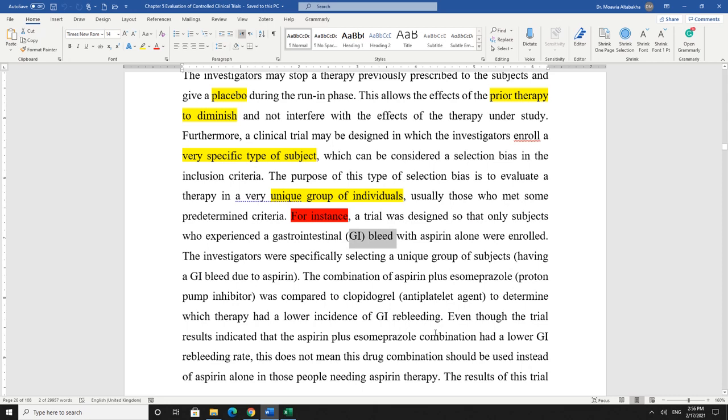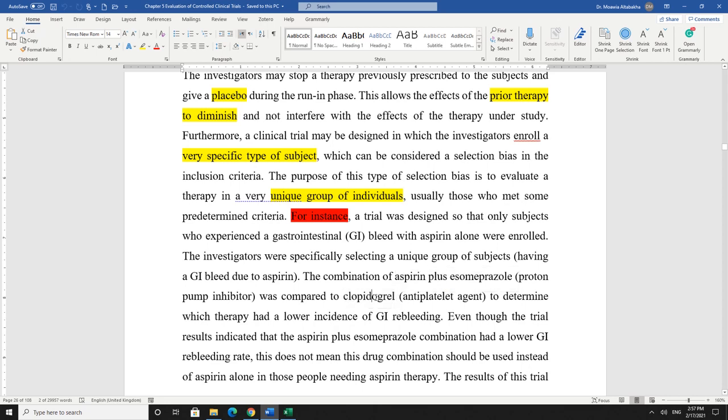Okay, you want people who have bleeding because they are taking aspirin, and for those people you want to see if giving esomeprazole will reduce the problem or help the case, or if you change aspirin to another well-known drug, an antiplatelet agent which prevents clotting, clopidogrel.